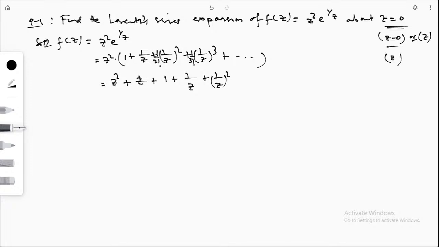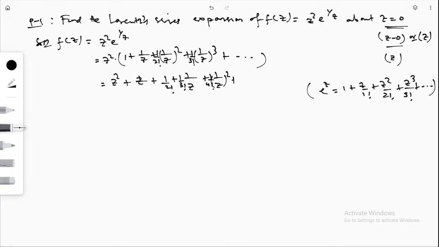Here you will get 1 by 4 factorial, because the expansion of e to the power z is 1 plus z by 1 factorial plus z square by 2 factorial plus z cube by 3 factorial plus dot dot dot.